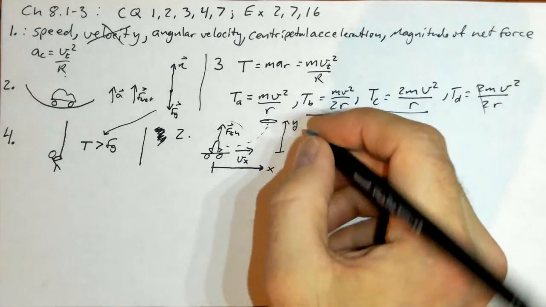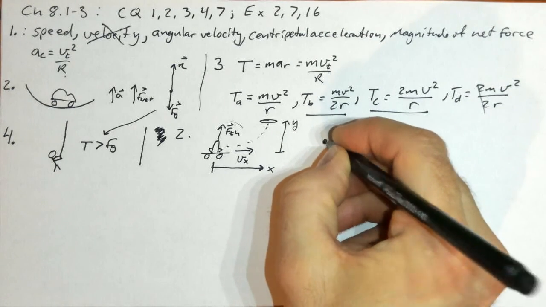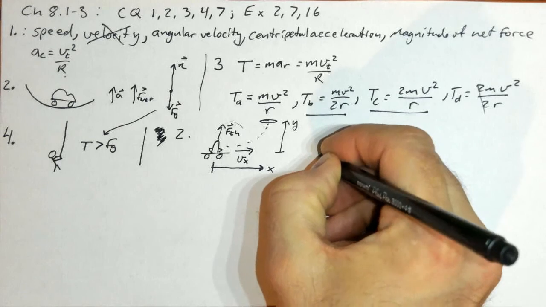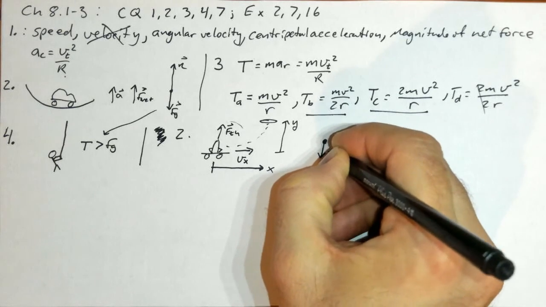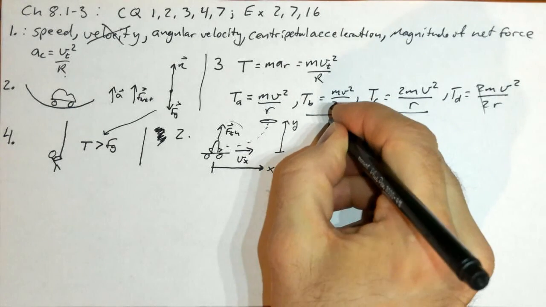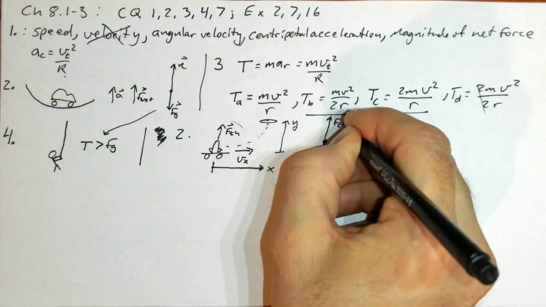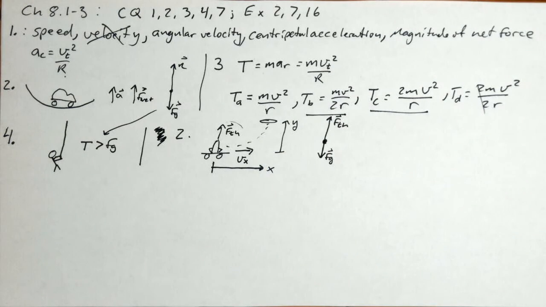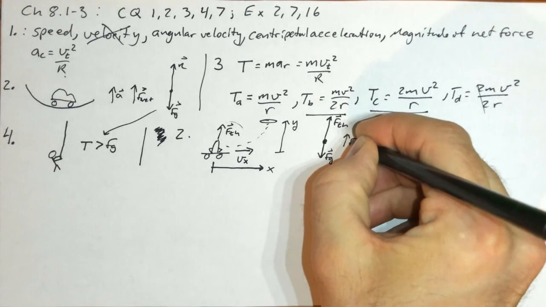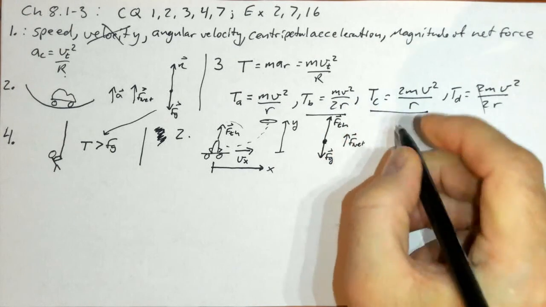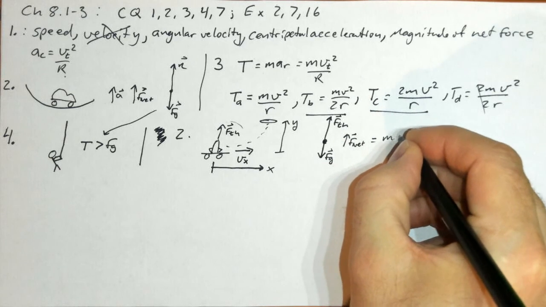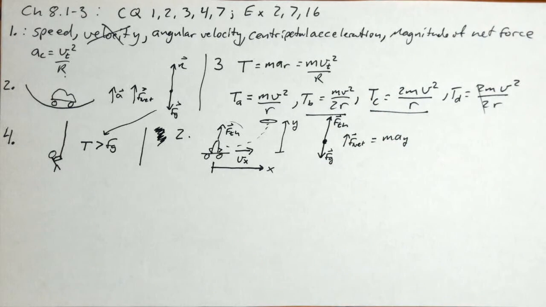Okay, so if you look at a free body diagram on that, we have this downward force of gravity on the rocket, but we have a big upward thrust force, giving us a net force upward. And that is going to be equal to m a_y, because it's only in the upward direction.